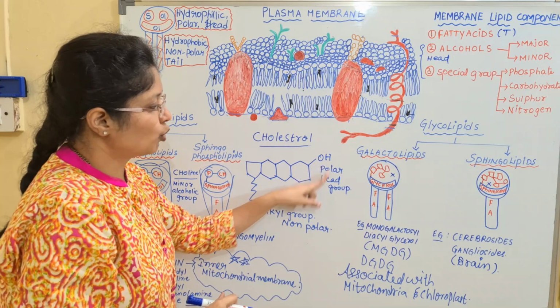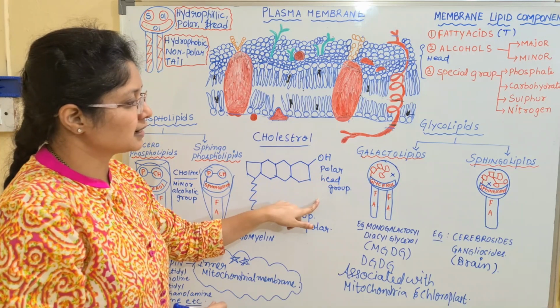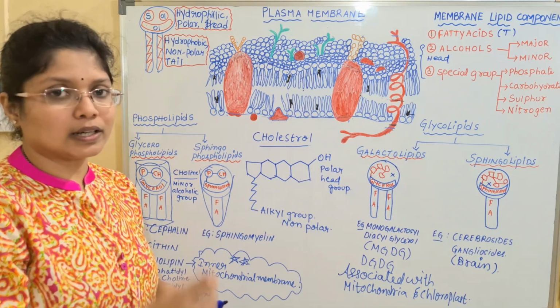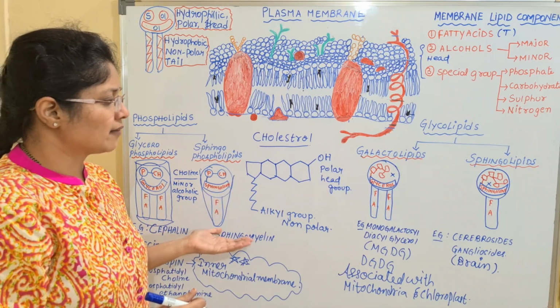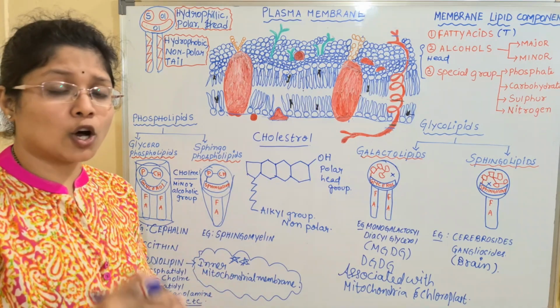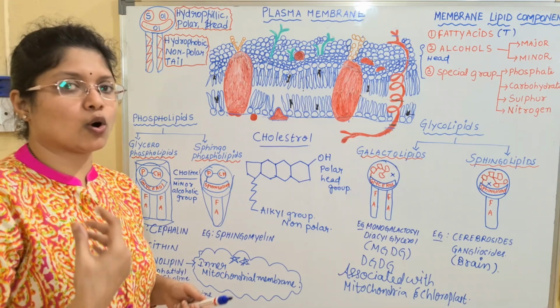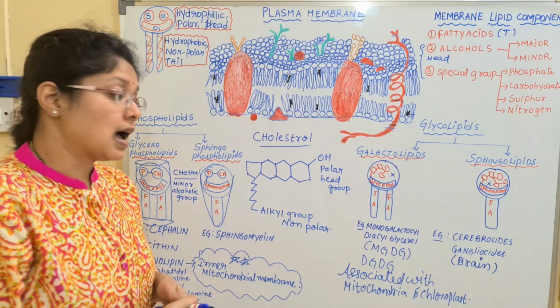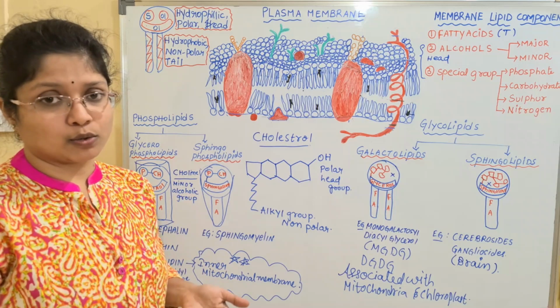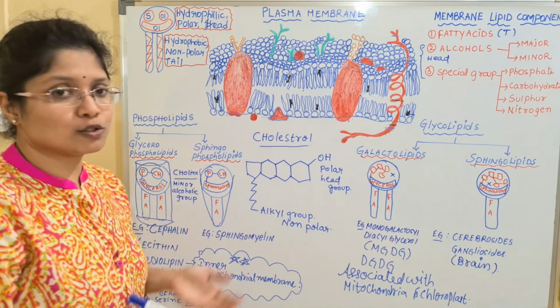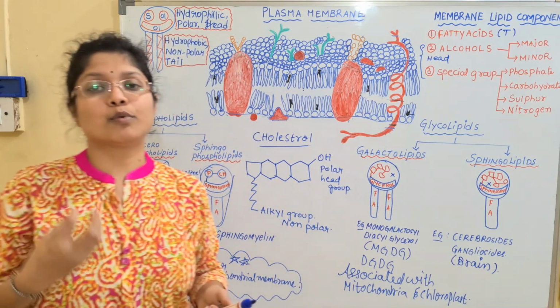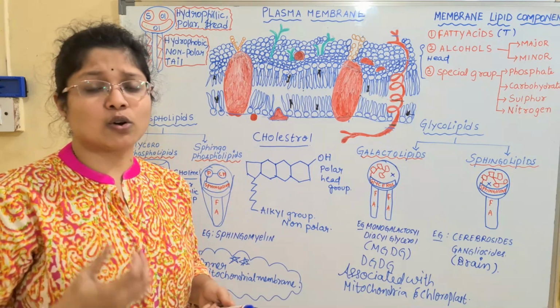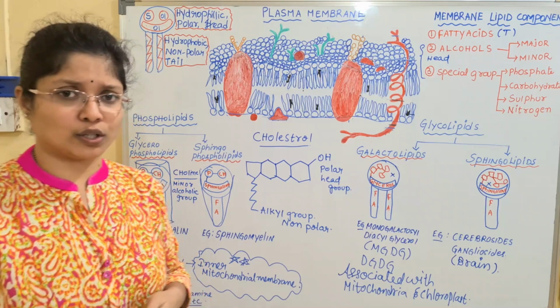And the polar head group region mainly has the alcoholic component. So, same as the lipids, cholesterol also has a polar as well as a non-polar region, and hence we call these molecules amphipathic molecules, right? For the lipids also I have told you, because of the presence of polar and non-polar elements, we call them amphipathic molecules.